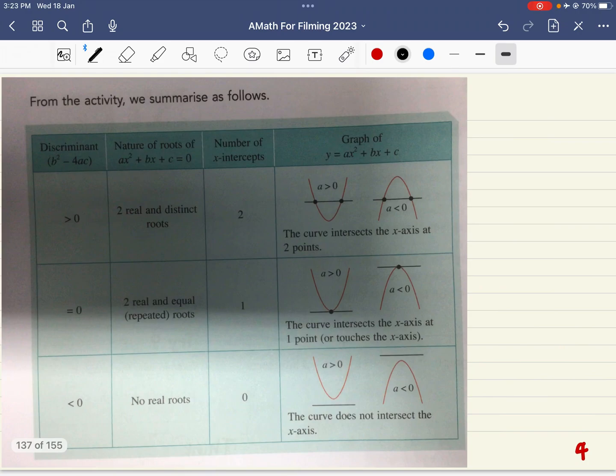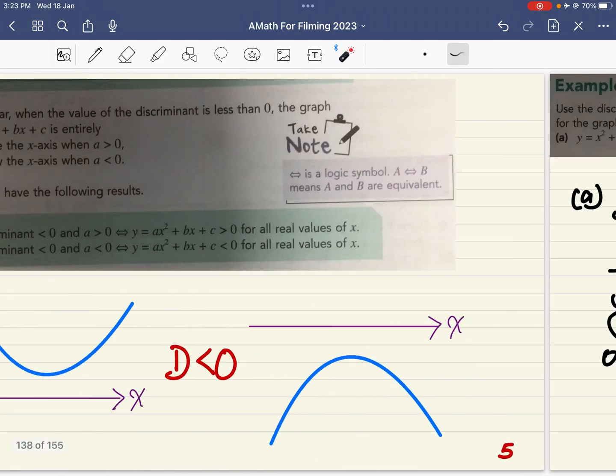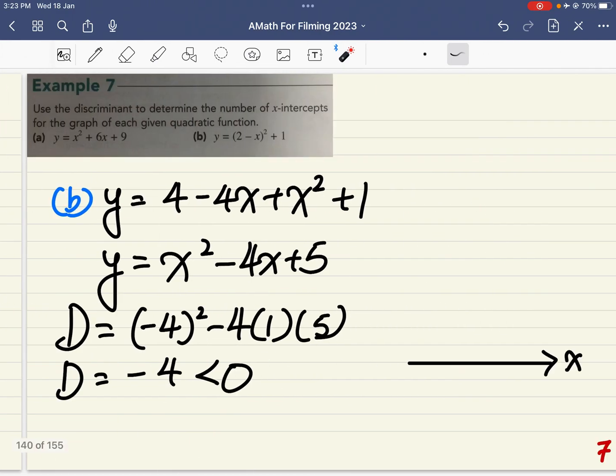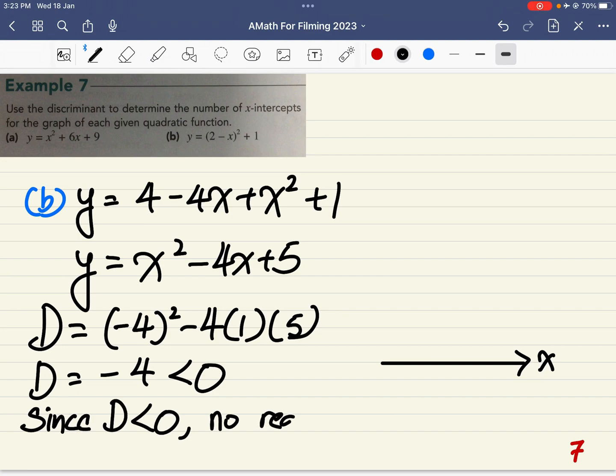Straight away, less than 0, what does it imply? It means no real roots. So you have to write that down. I say that there are no real roots since my discriminant is less than 0, which means that there are no x-intercepts.